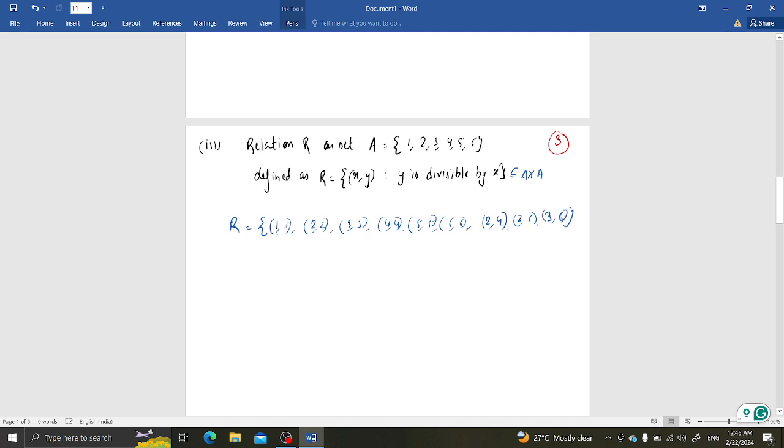These all elements have to be in R. 1 2 3 4 5 6 7 8 9. So how many elements in R? Total 9 elements we have.